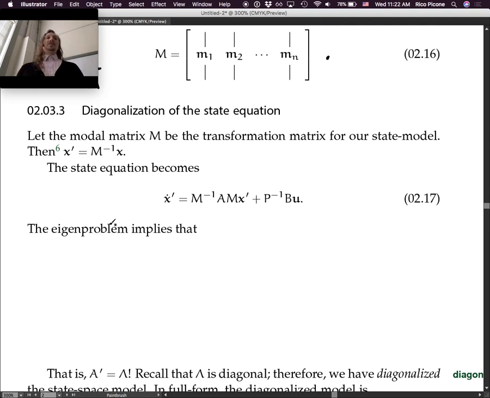That means just using M instead of P in the previous expression for x prime, M inverse times x gives us our x prime. The state equation becomes this expression here, 217.